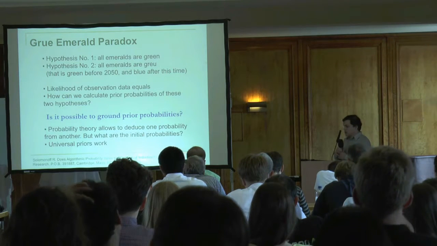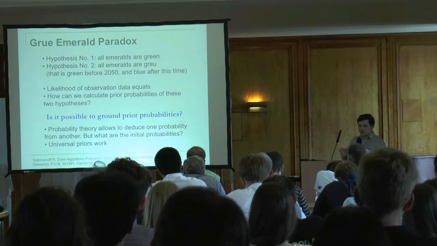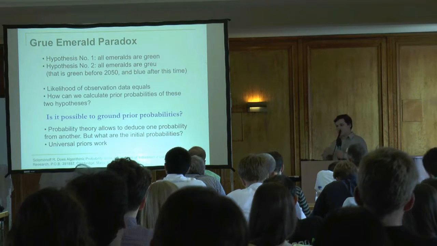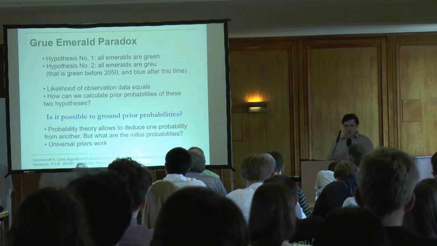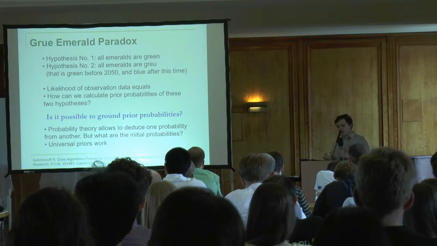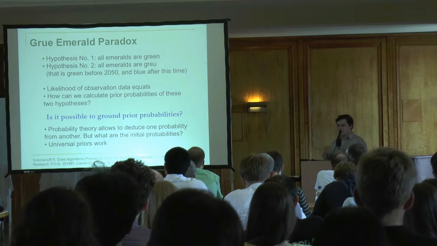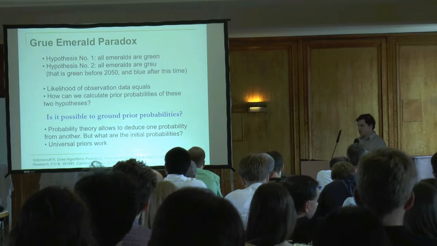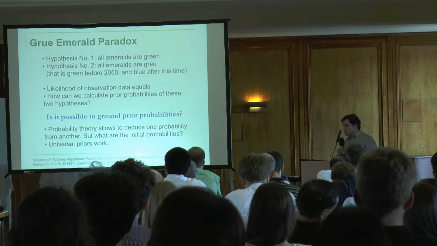So, for example, we see that all emeralds are green, but we also can propose a hypothesis that they are all green until some date and blue after this date, and we have no direct evidence for choosing the first hypothesis instead of the second one.